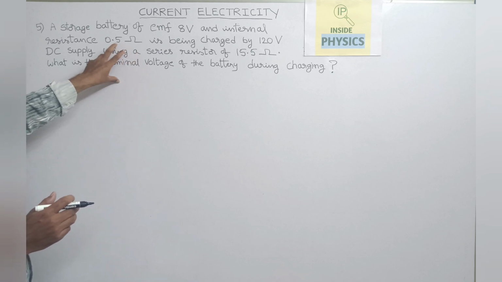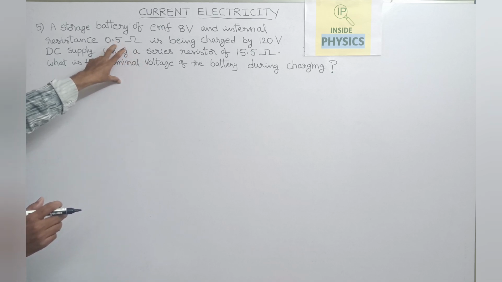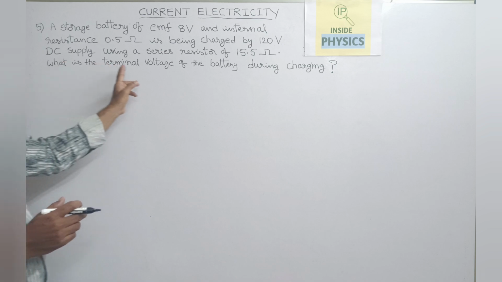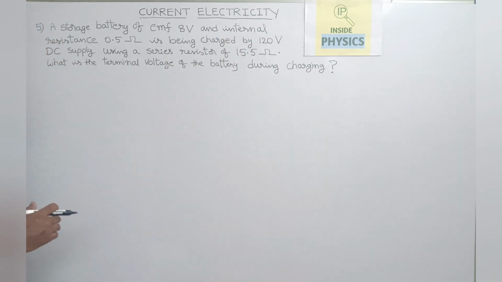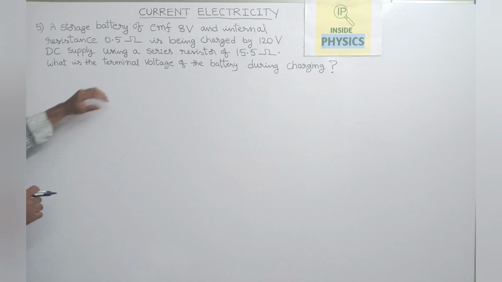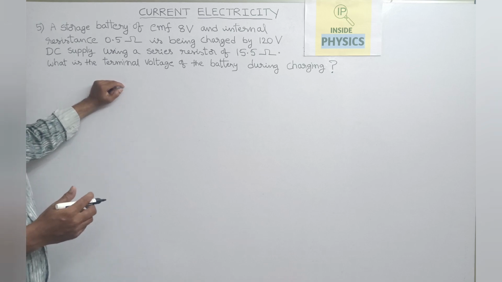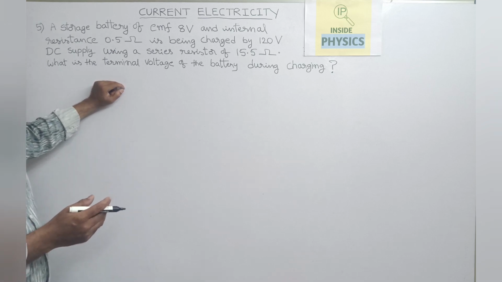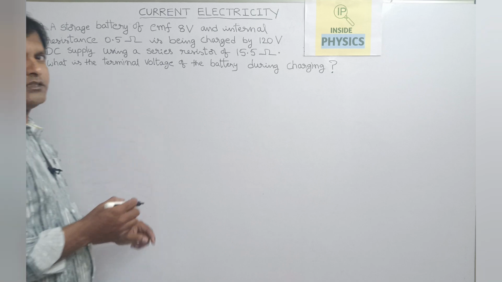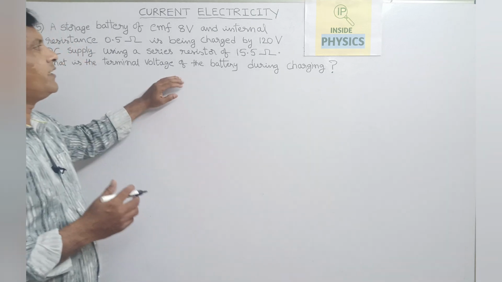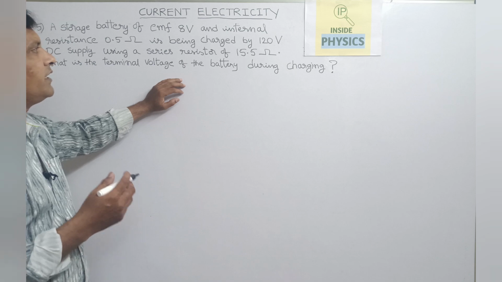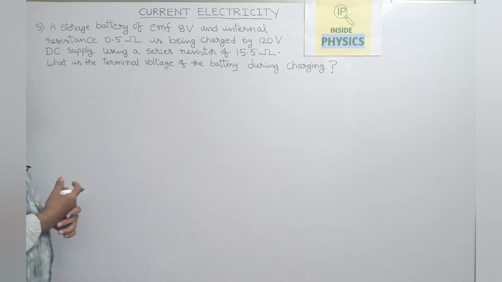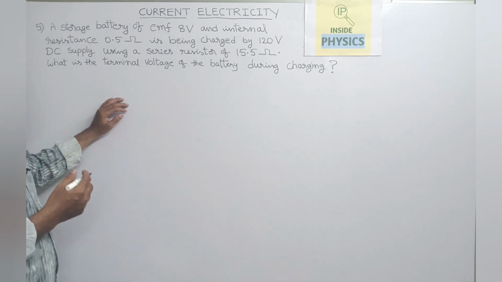So the battery has some internal resistance, and it is connected in series with a resistor of 15.5 ohms. Generally we connect resistors in the circuit in series or parallel depending on the current flow, that is, how much current we need in the circuit.